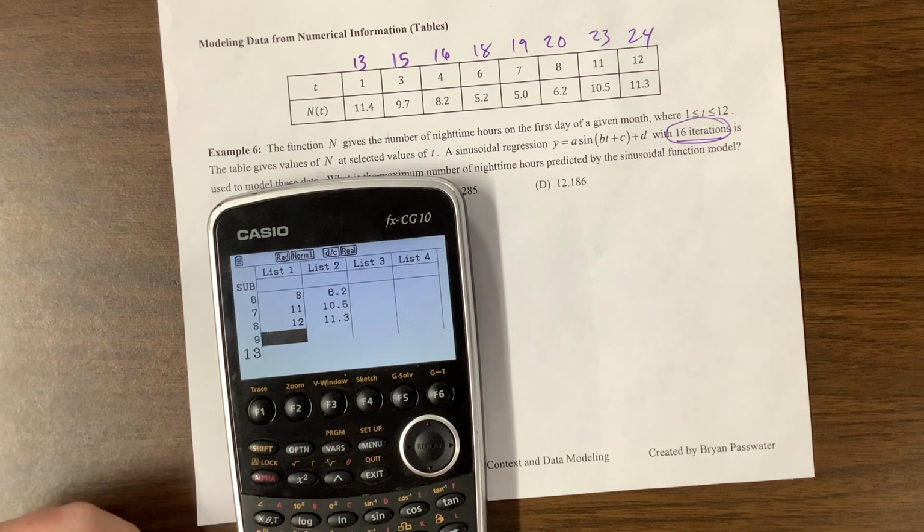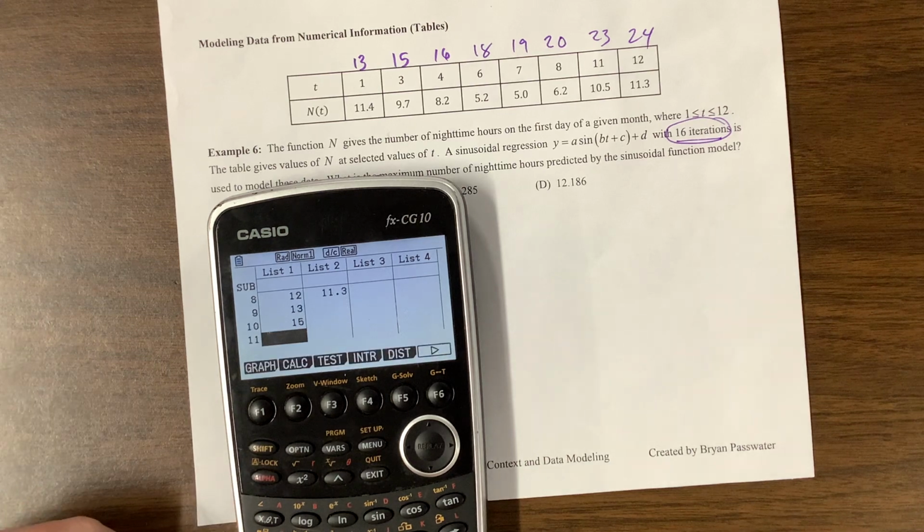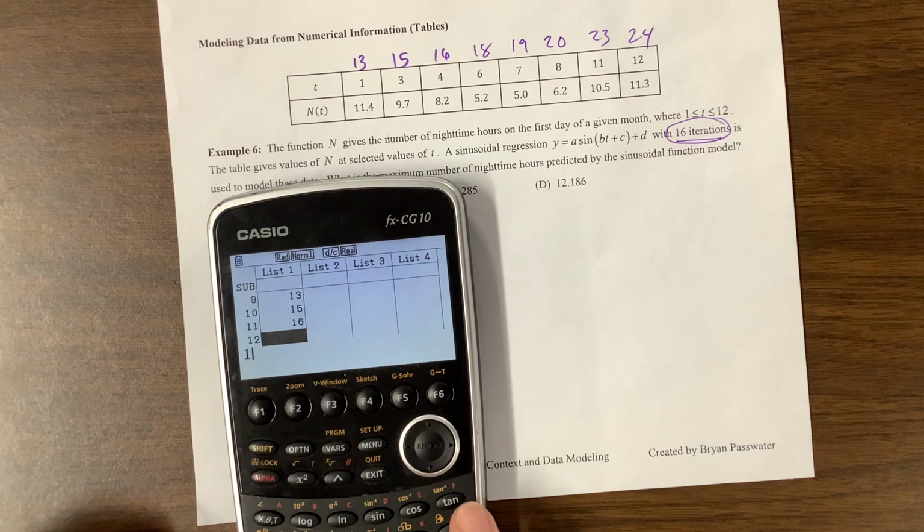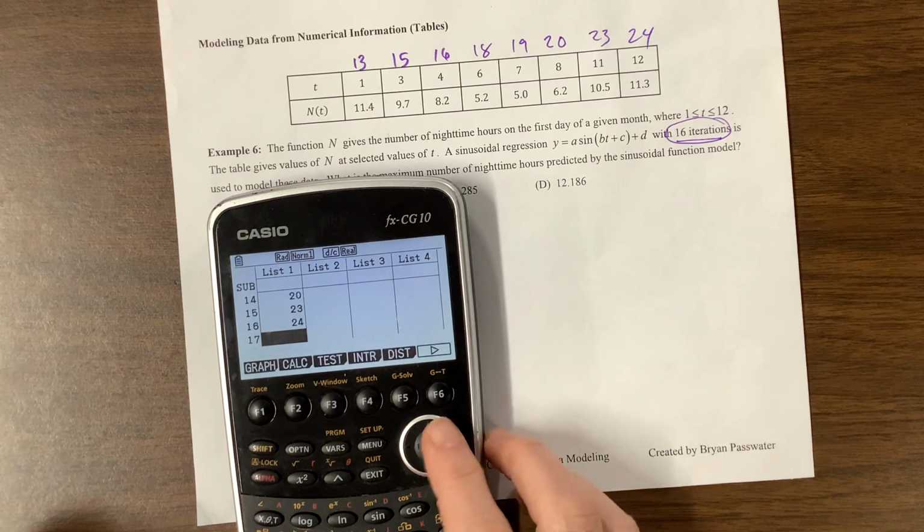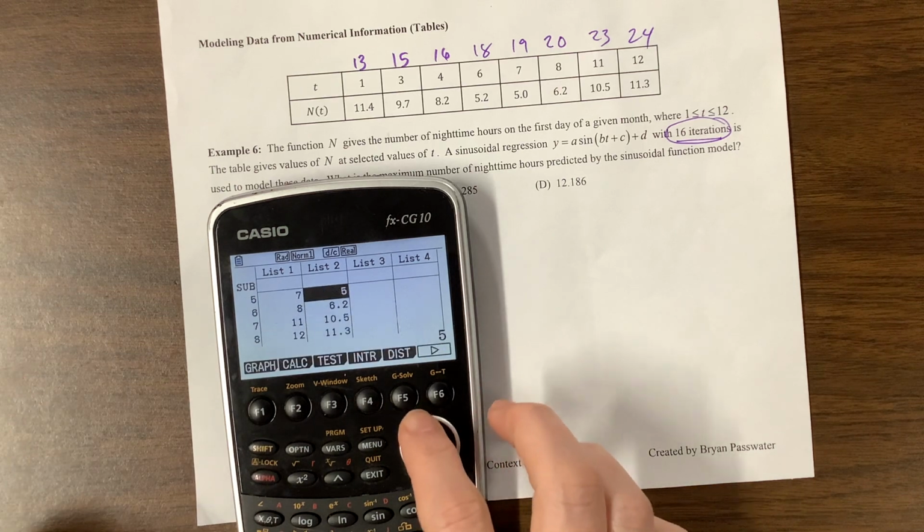So I'd have 13, 15, 16, 18, 19, 20, 23. I still have the same data set from before, I think. Let's verify.